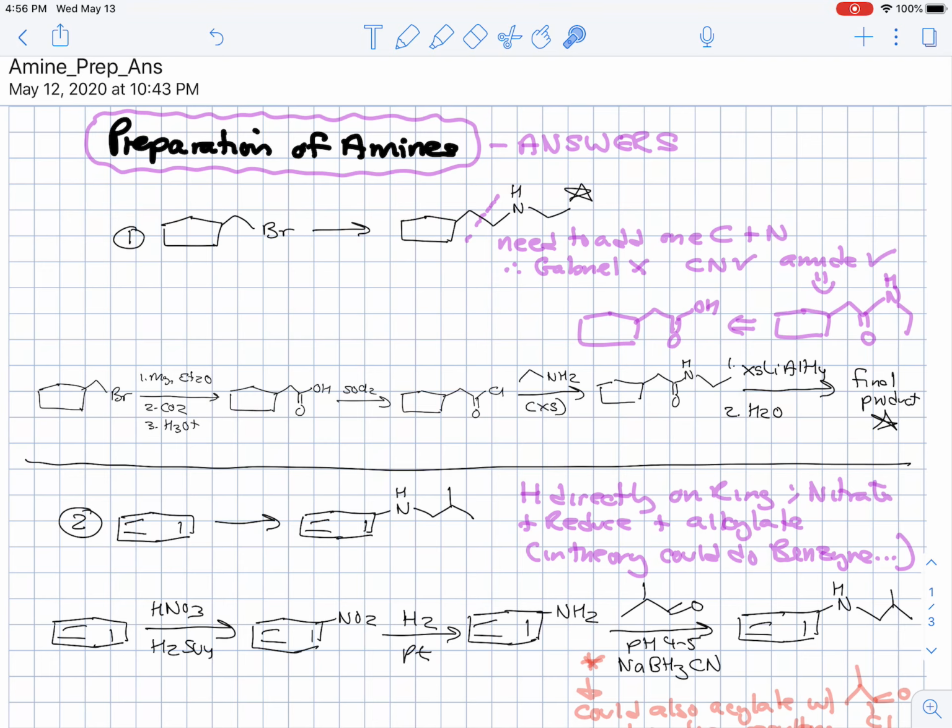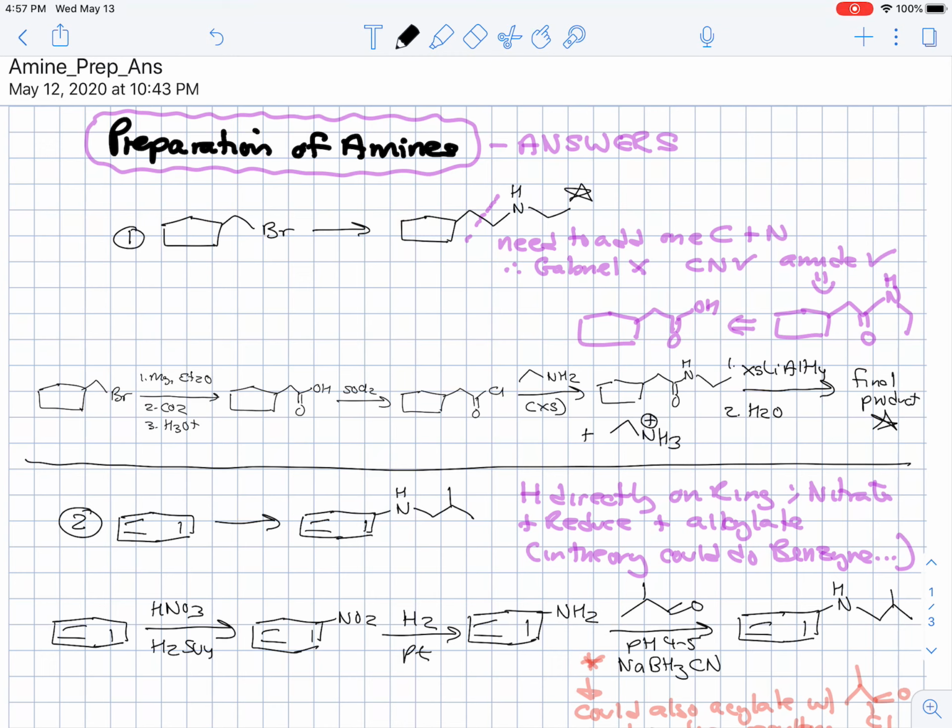Now all we have to do is make this amide, but you can't make an amide directly from a carboxylic acid. You have to first convert it to the acid halide, then add an excess of the amine. Remember that one equivalent of the amine reacts to make the amide, and the other equivalent neutralizes the acid that's formed in the reaction.